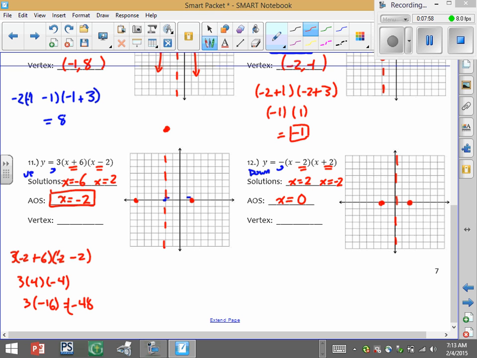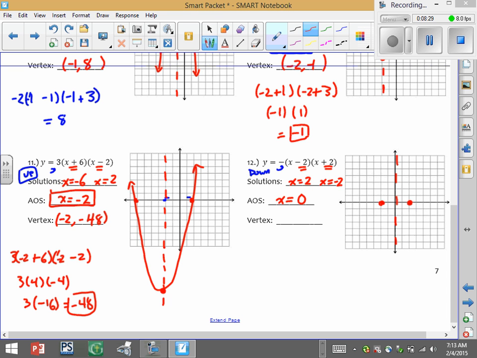All right, so way off to the bottom, excuse me. And that's what caught me there. I realized I should have been opening up. I wrote that down at the very beginning. That kind of helped me catch my error. So we'll connect those. And that vertex has got to be on the line of symmetry, so we know it's at -2, and then you go down to -48. Apologize for that not being right there on the graph easily for you guys to use.